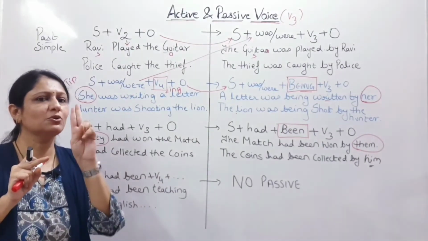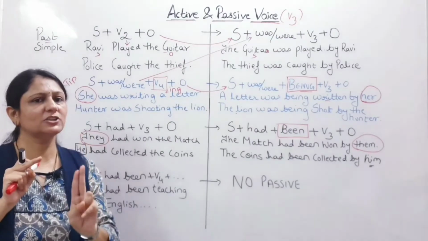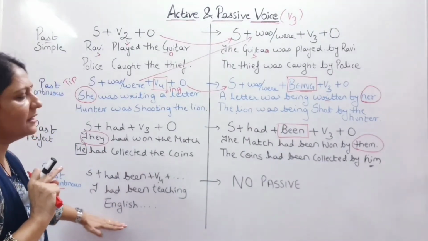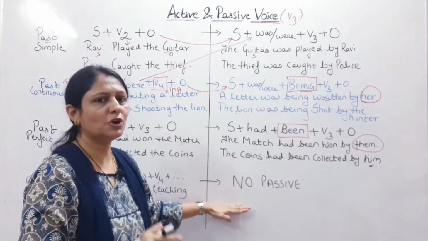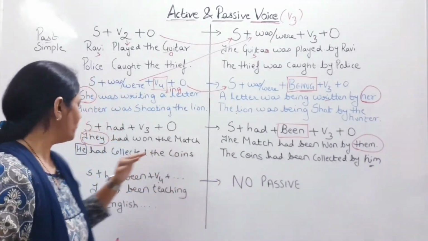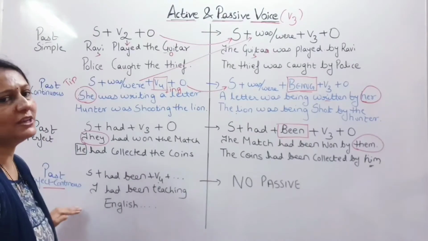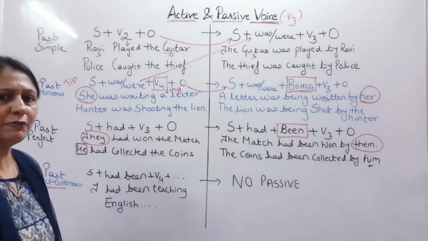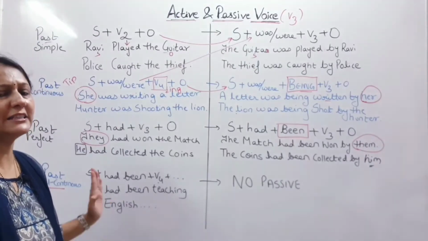So this is the use of past perfect continuous tense. Okay, so this was the example, but in passive voice, we do not have passive voices for perfect continuous tense. So this is how we are done with all the four forms of past tense.